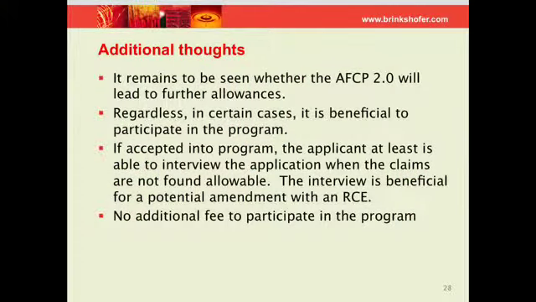If the applicant is accepted into the program, the applicant is at least able to interview the application when the claims aren't found allowable. The interview is most definitely beneficial for a potential amendment with an RCE.